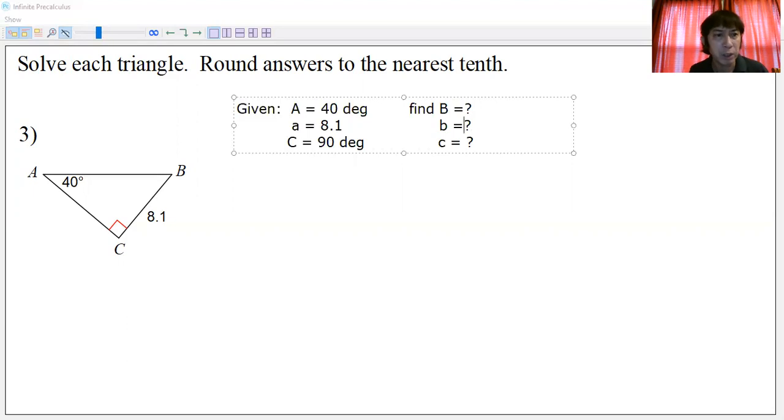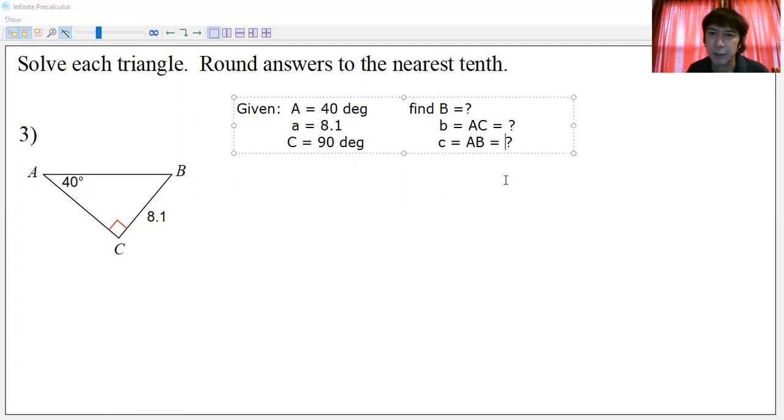The side B, that's AC. Side C, the hypotenuse, is the AB. For those not familiar with trigonometric notation, you can use the vertices of the triangle.